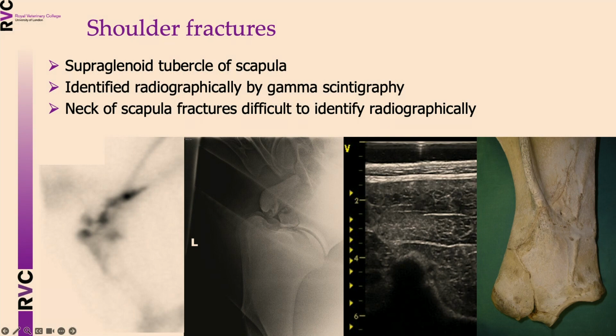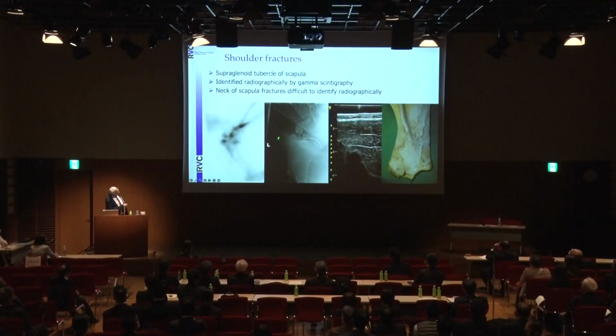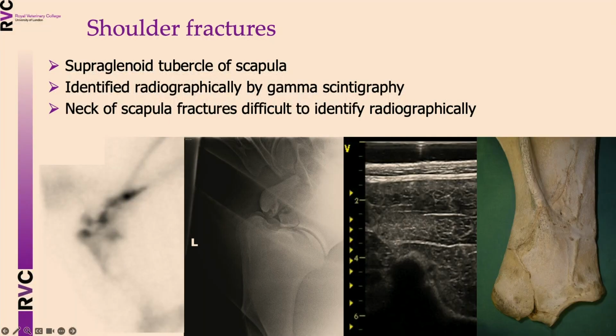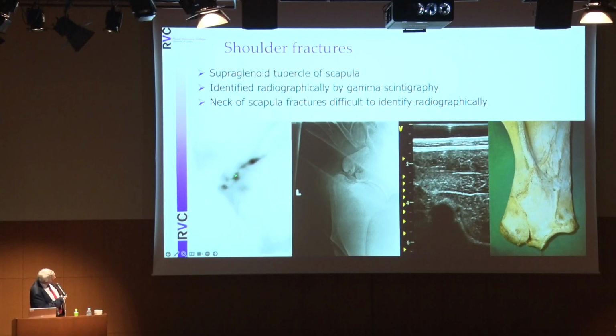Of course, fractures show up very well in the upper limb as well. This is a supraglenoid tubercle fracture, very easy to see radiographically and on bone scan. But what the bone scan showed in addition was a fracture line extending up through the scapula more proximally.